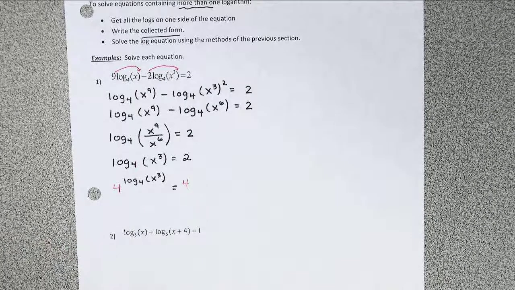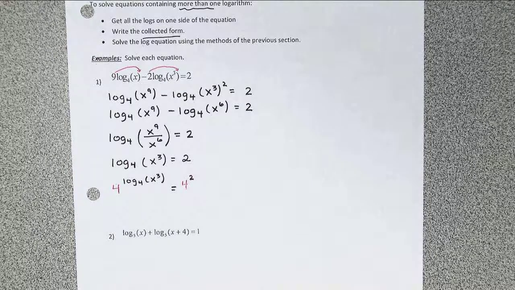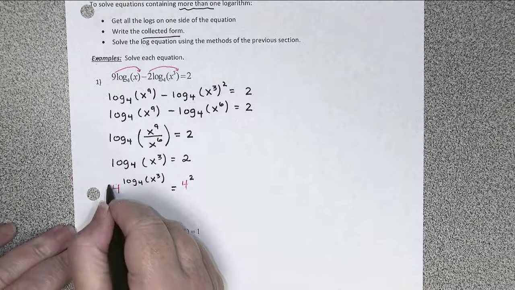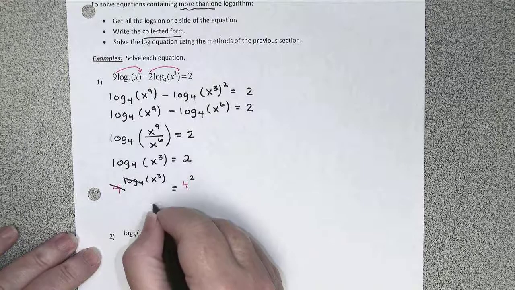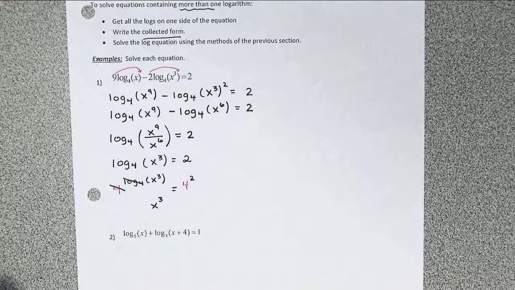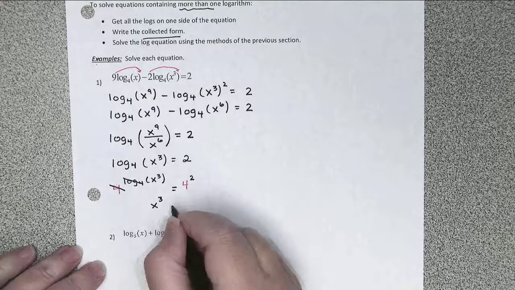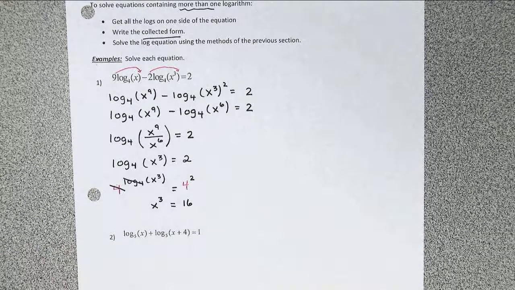Use 4 as the base, and raise that to the 2nd power. I have my inverse functions that get rid of one another. Do and undo. And so the left-hand side just becomes x cubed. And the right-hand side, 4 squared, would be 16.